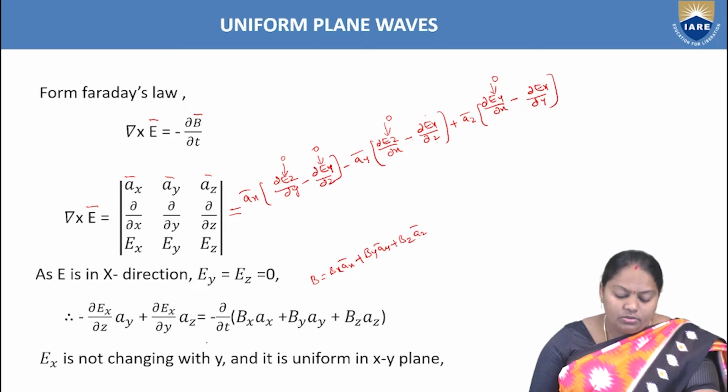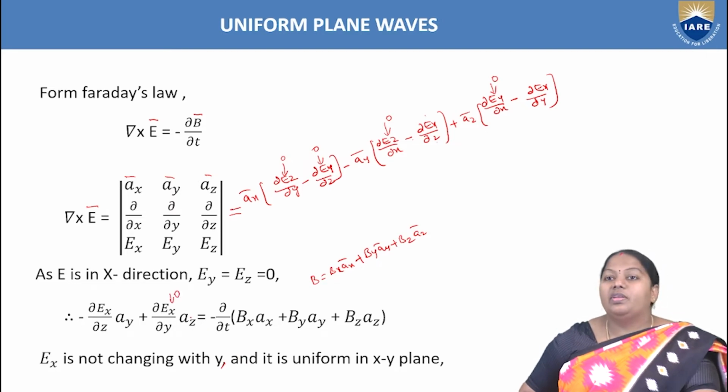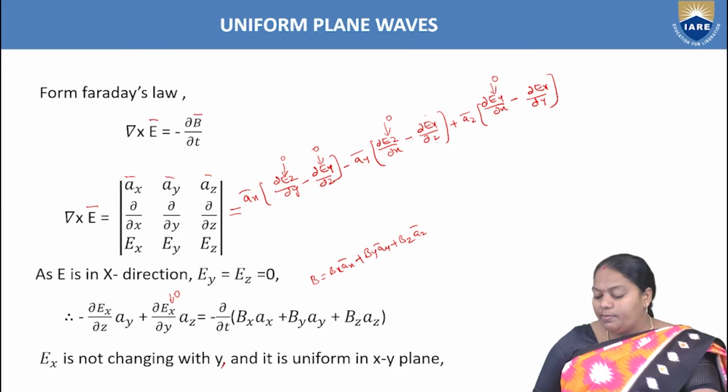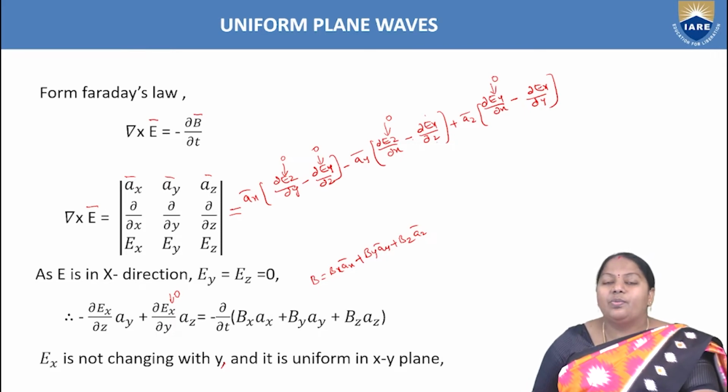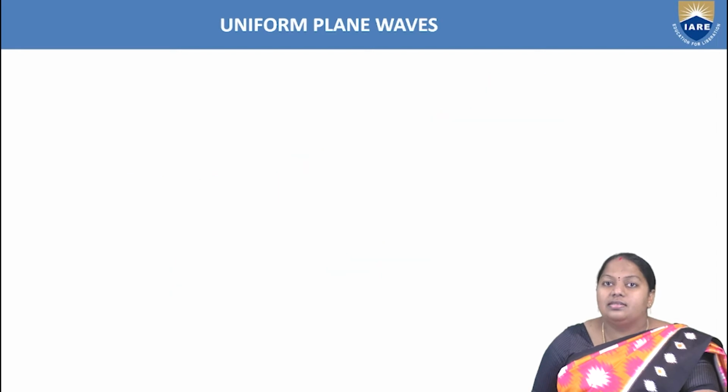Now, another assumption is that Ex is not changing with y, just as previously we assumed Hz is not changing with x. So here ∂Ex/∂y tends to 0 and it is uniform in the xy plane. The xy plane means we are going to consider the z equal to 0 plane.